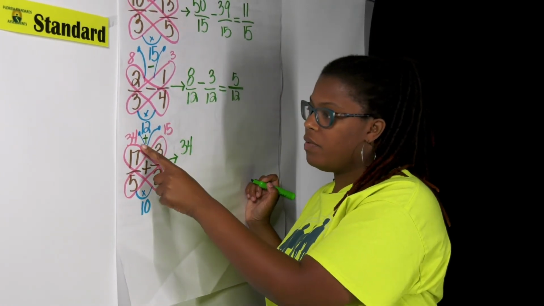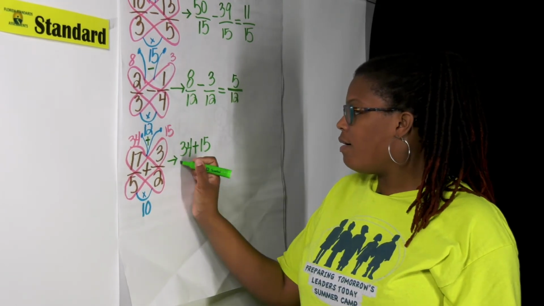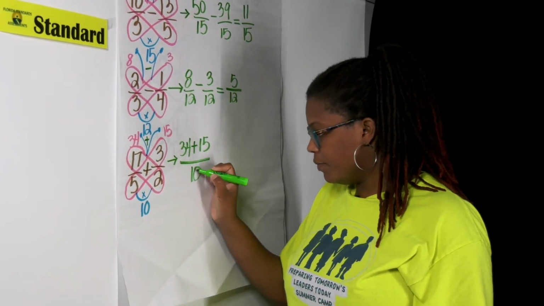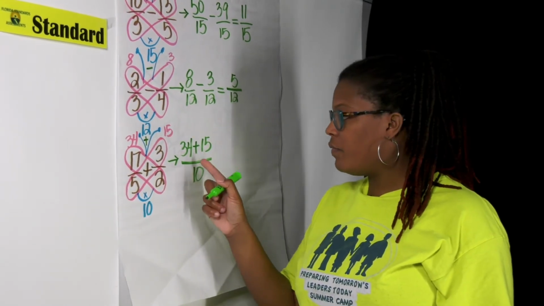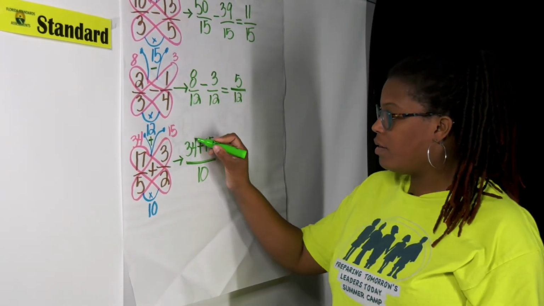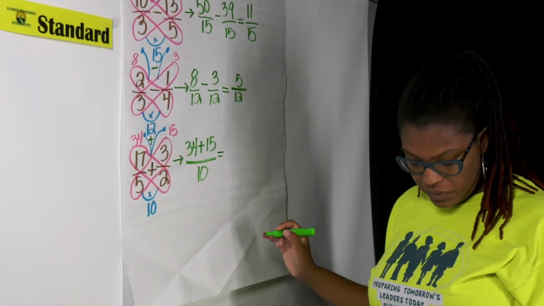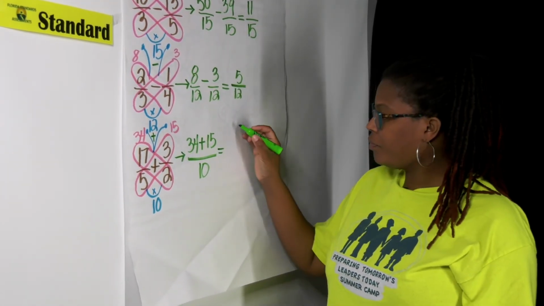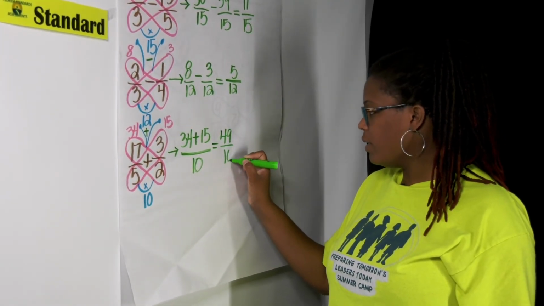This is another way you could write it. 34 plus 15 over 10. Okay? So that's the same thing. 34 plus 15 is the same as 34 over 10 plus 15 over 10. And 34 plus 15 gives us 49 over 10.